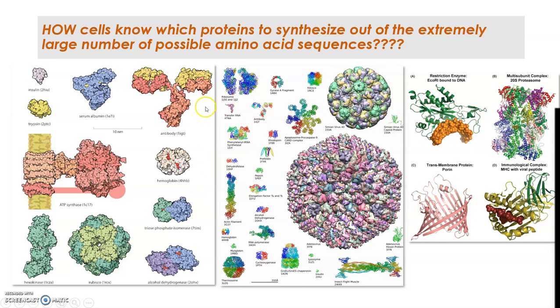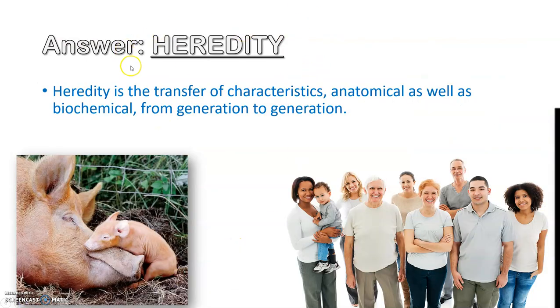How does our body produce these very complex proteins, from the smallest to the largest, when we just started from 20 amino acids? How were these amino acid sequences, the primary structure, arrived at, or how do our cells synthesize those amino acids? The answer for that would be your heredity.